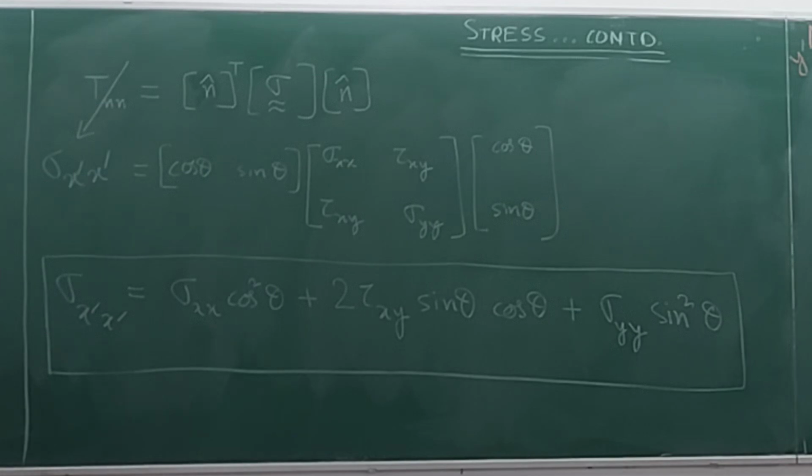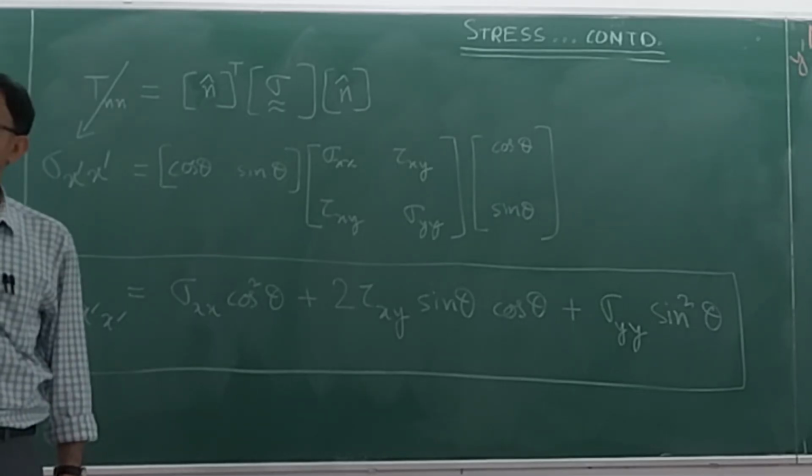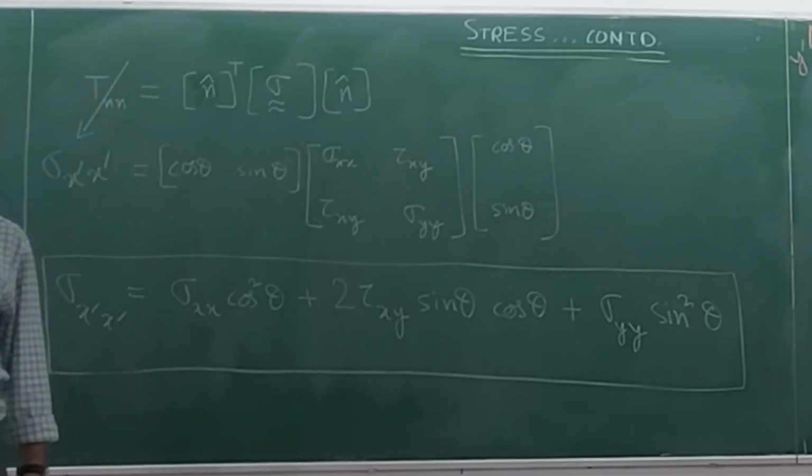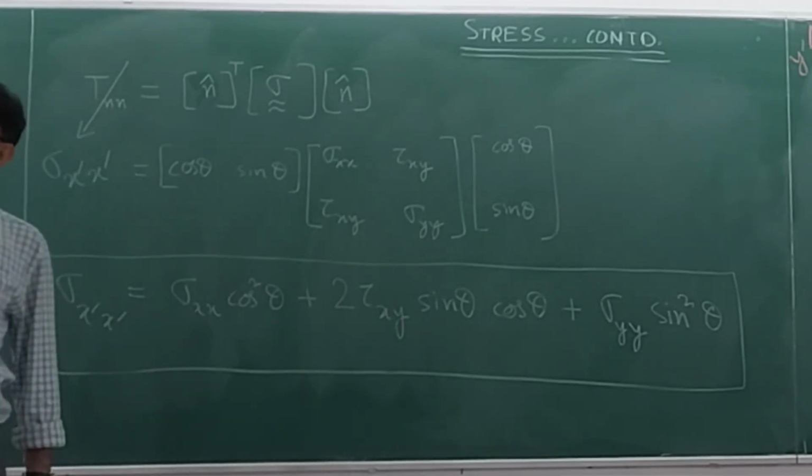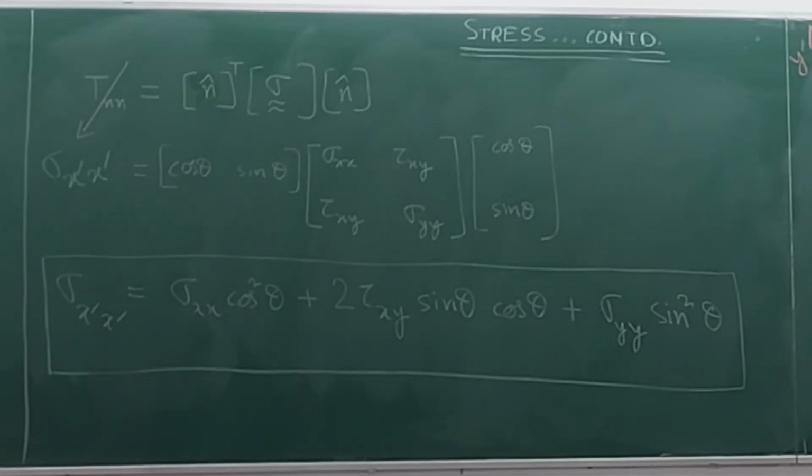Now what we want to do equivalently is that we have found out the sigma x dash x dash. Now we want to find out the expression in this transformed coordinate system of the tau x dash y dash, the shear stress. But we are not going to follow Beer and Johnson. We are going to stick with our system only.